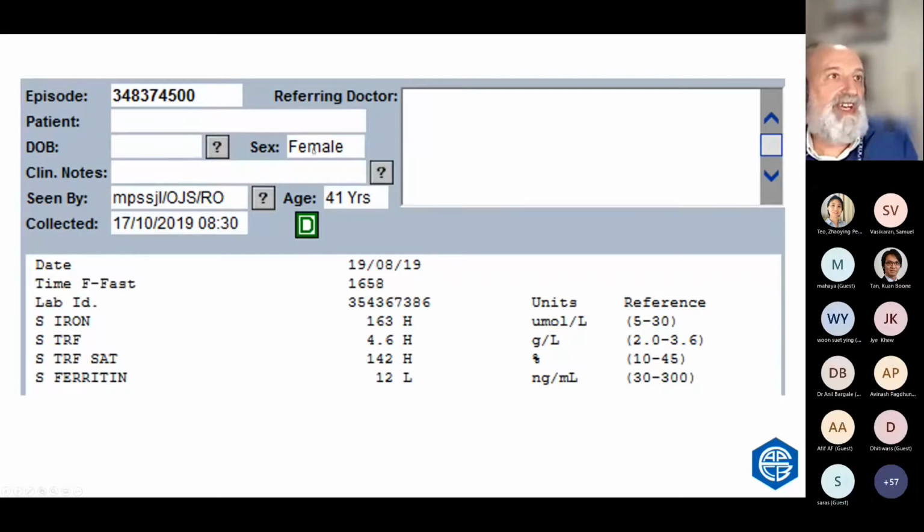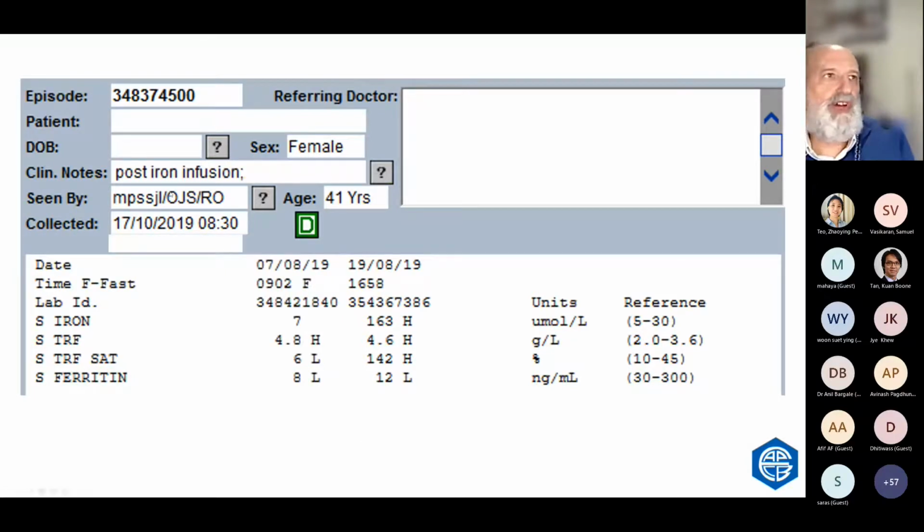So here's a woman, 41 years old, and she's got a low ferritin, which is iron deficiency, and she's got a high transferrin, which you'll see in iron deficiency, and she's got this ridiculously high iron level. Now, high iron levels generally due to ingestion of iron or due to iron infusion.